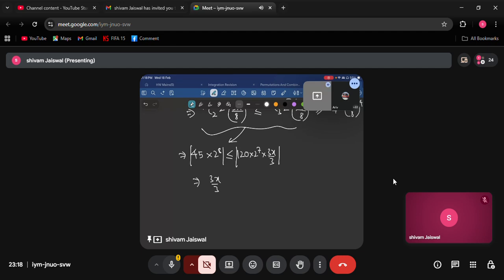Mod of 3x by 8 must be greater than or equal to 45 by 120.